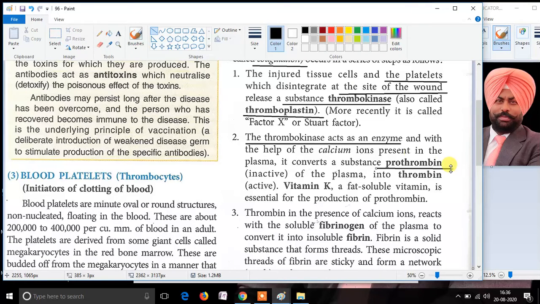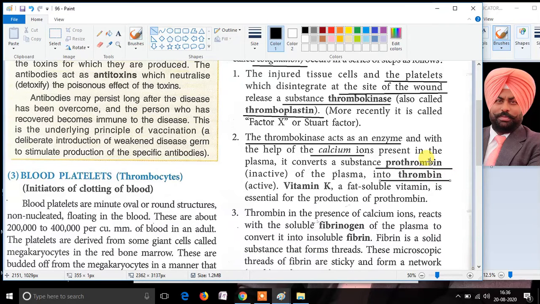Means to say, the thrombokinase which is secreted by the platelets acts on prothrombin, already present in the blood, with the help of calcium ions to convert that prothrombin into a substance called thrombin.